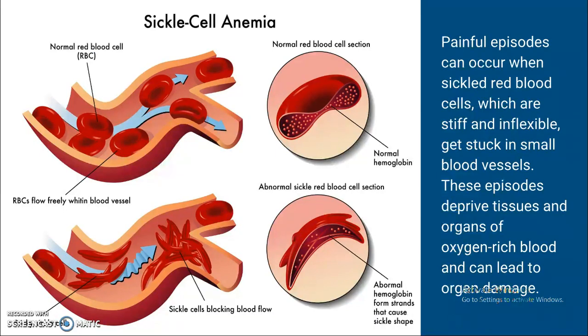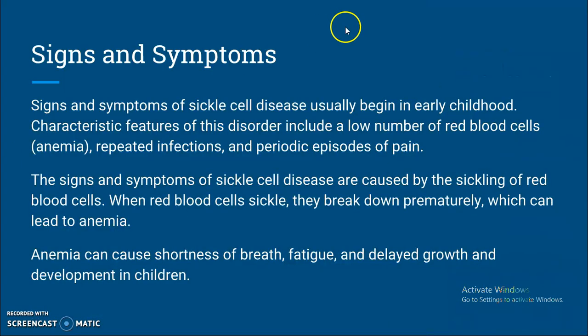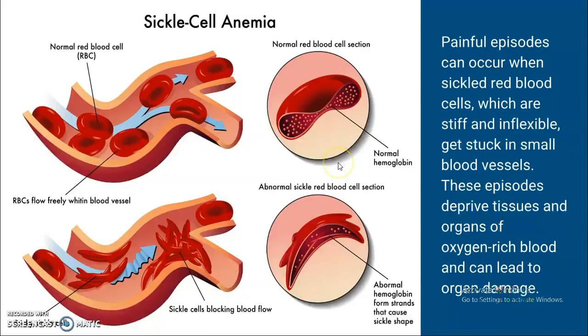So the painful episodes that were mentioned in the previous slide occur when the sickled red blood cells become stiff and inflexible, and they get stuck in the small blood vessels. These episodes then deprive the tissues and organs of oxygen-rich blood and can lead to organ damage.